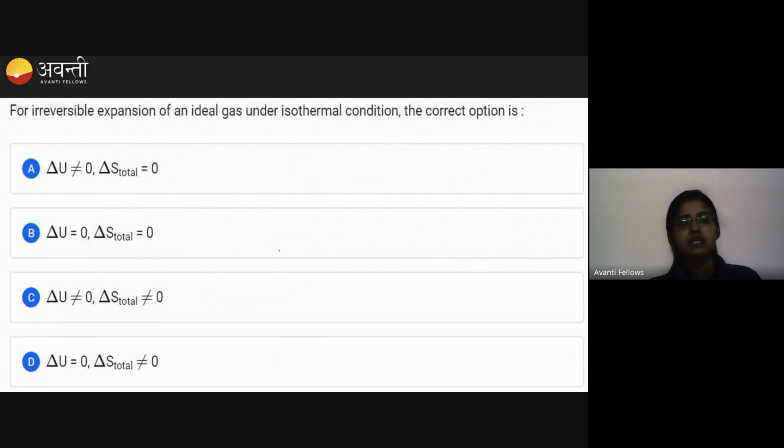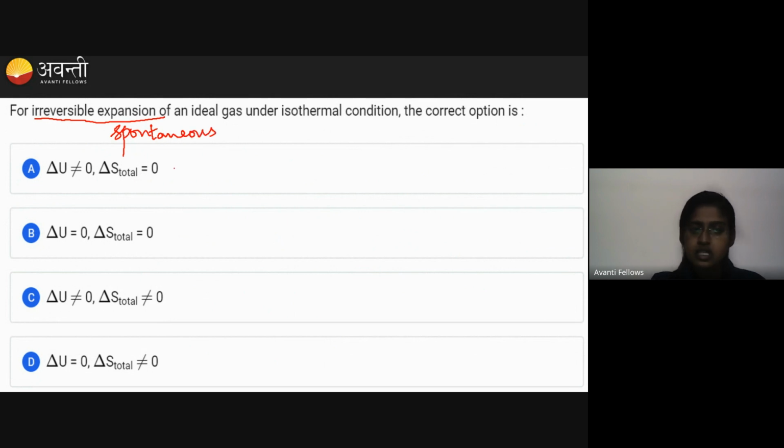For irreversible expansion of an ideal gas under isothermal condition, the correct option is? Irreversible processes are always spontaneous.